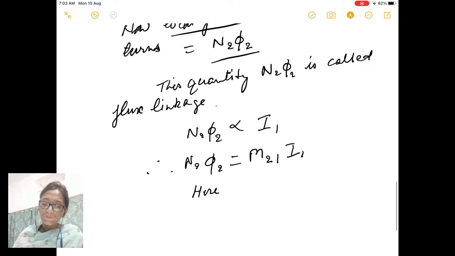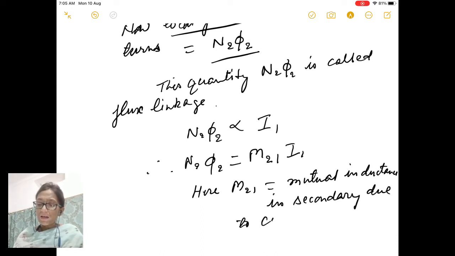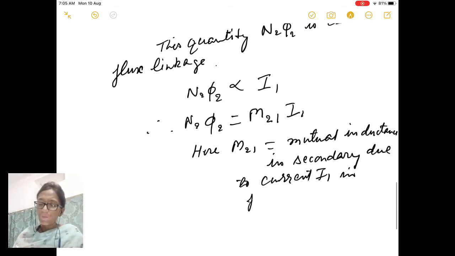Here M21 is mutual inductance in secondary due to current I1 in primary coil.